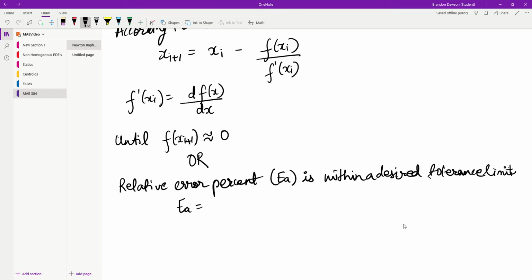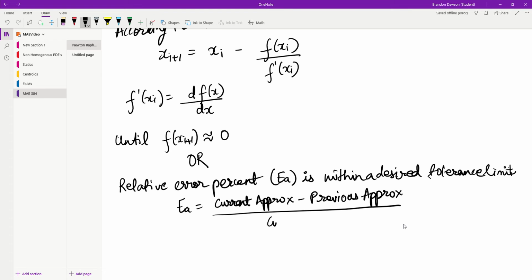E of A is defined as the ratio of current approximation minus the previous approximation, divided by the current approximation, multiplied by 100.